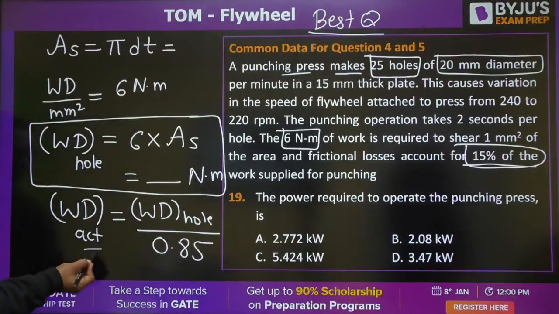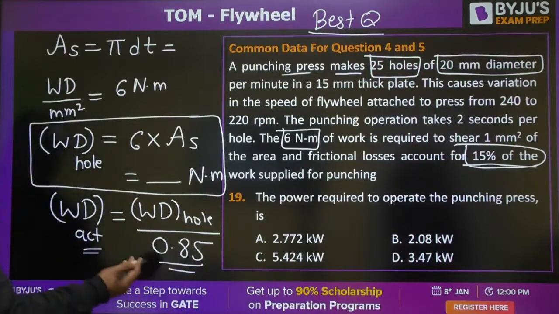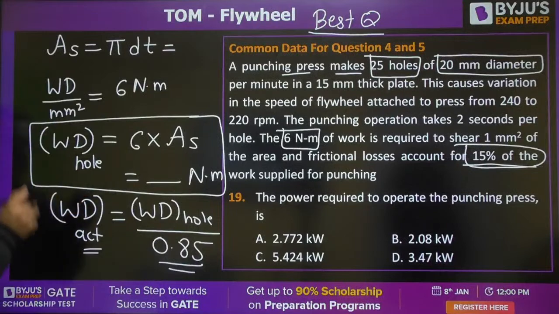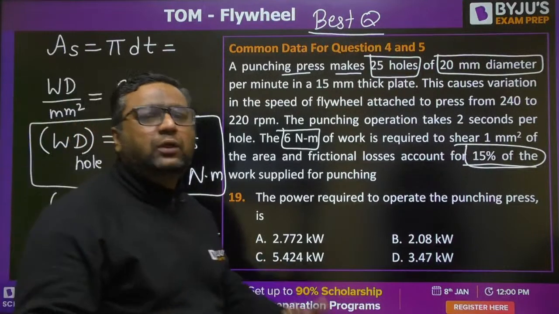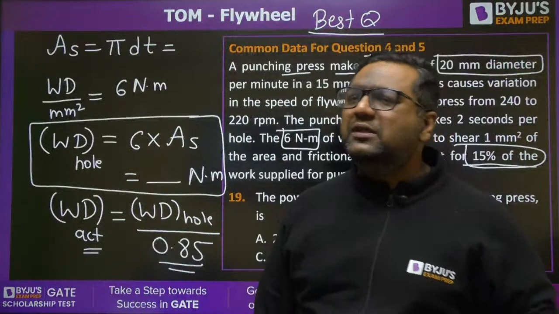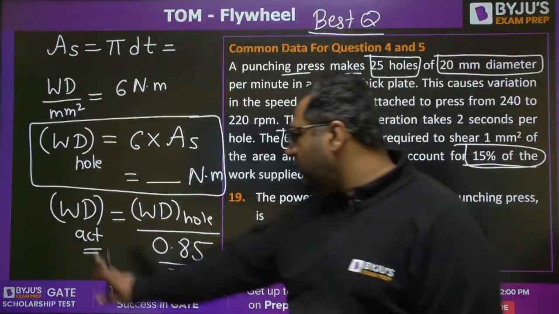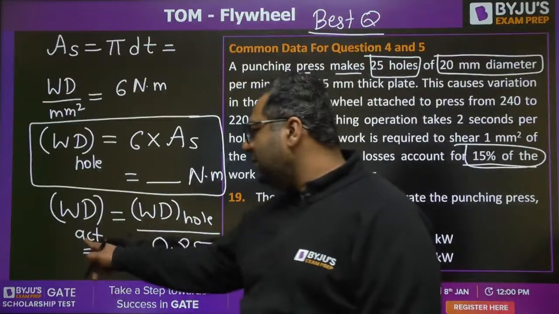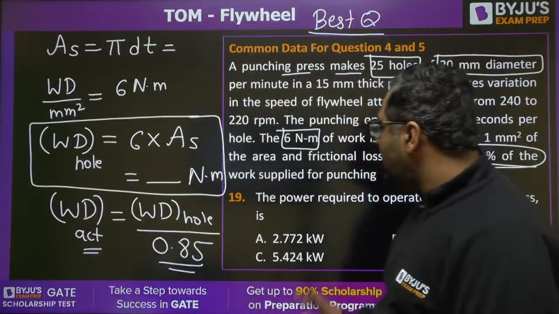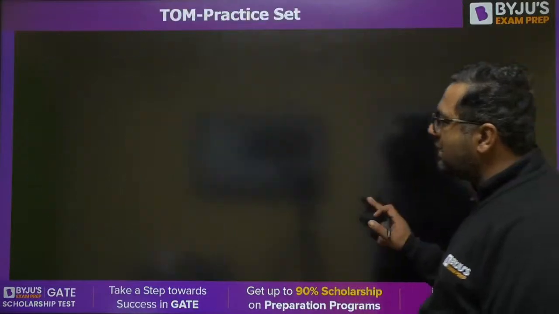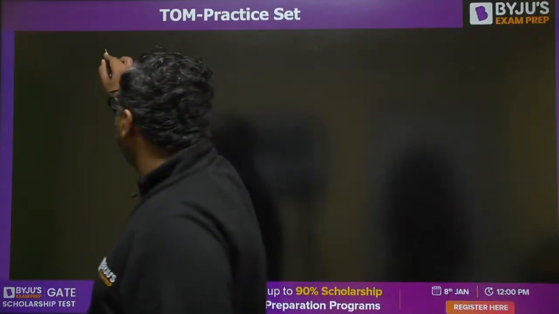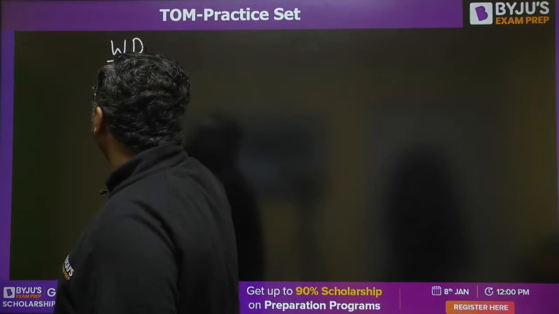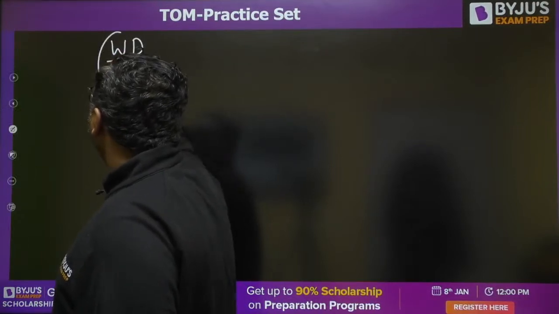For finding out the actual, I will divide it by 0.85 because this should be 85% of this, since 15% is getting lost. So this is how you will check it. Once we have seen the work done, actually it is work done per hole by 0.85, and you would be getting the actual work done from this. Then you will find out the work done per hole actual.